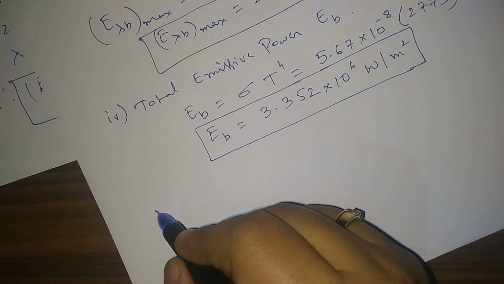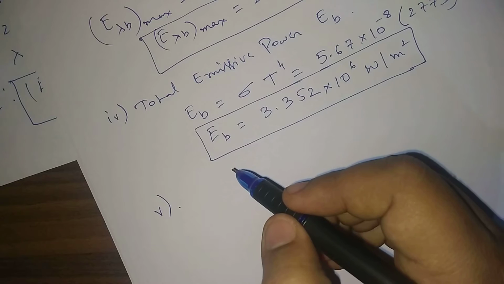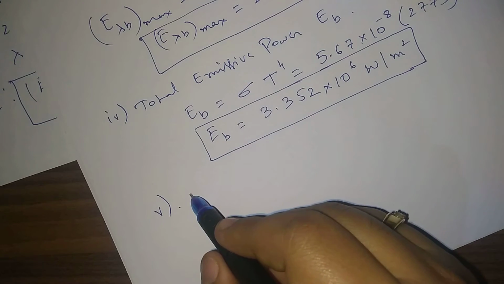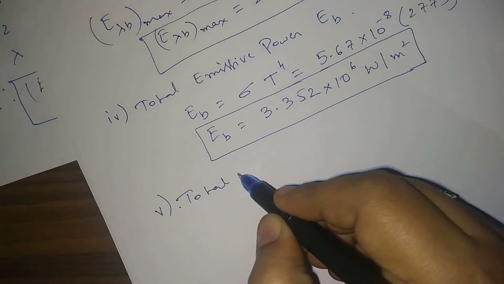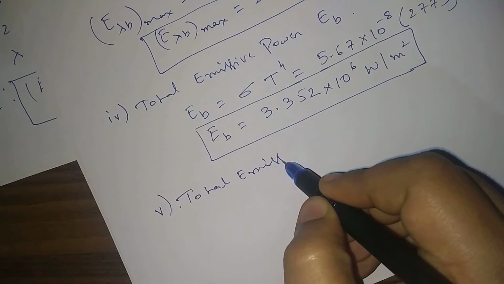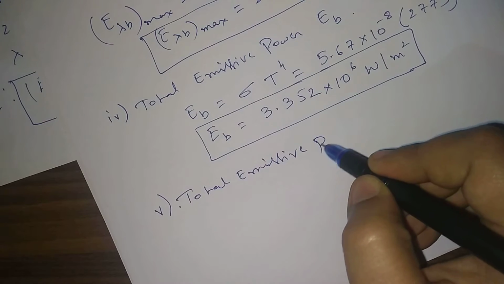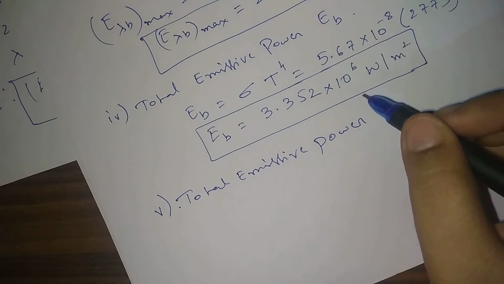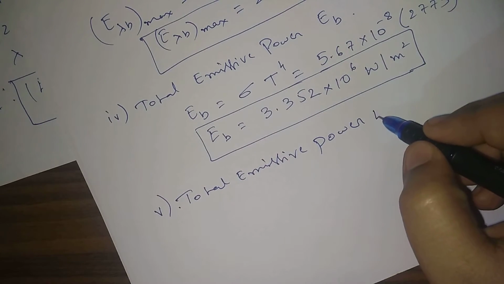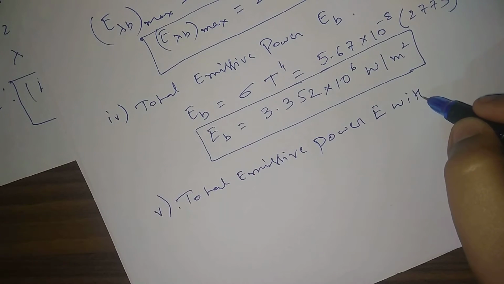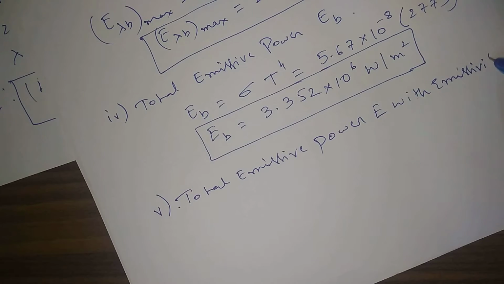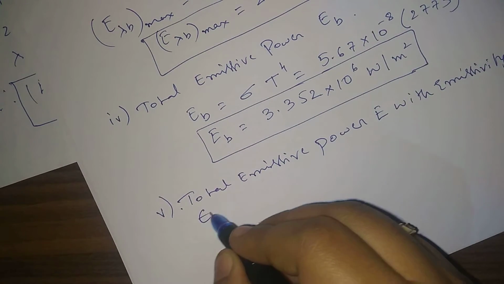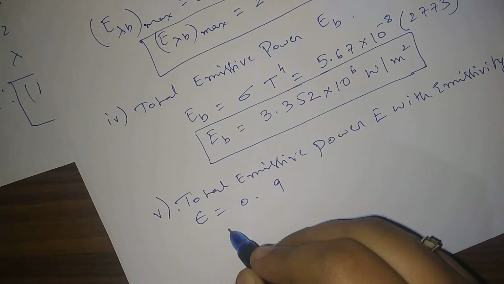Okay, next, what is the fifth one? The fifth one will be total emissive power E with emissivity. Again the condition given is emissivity epsilon equal to 0.9. So what is that?